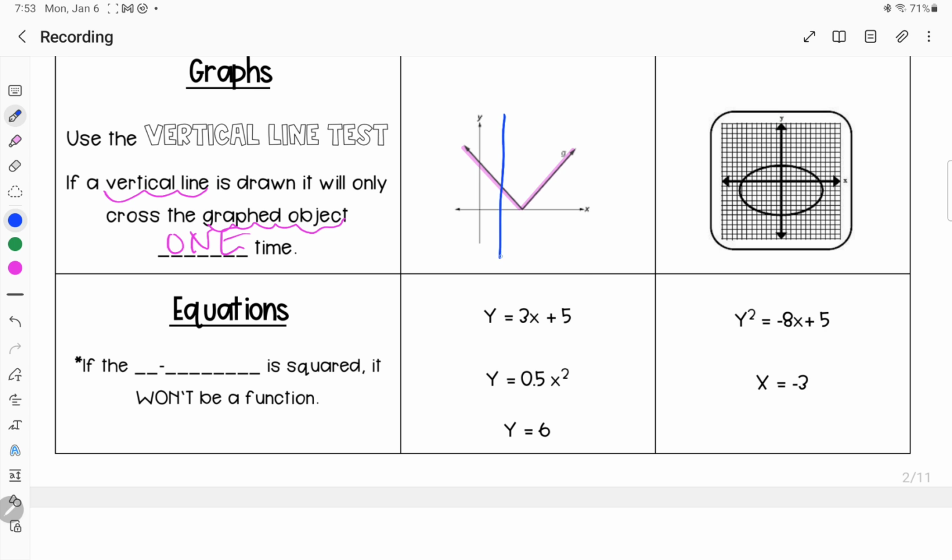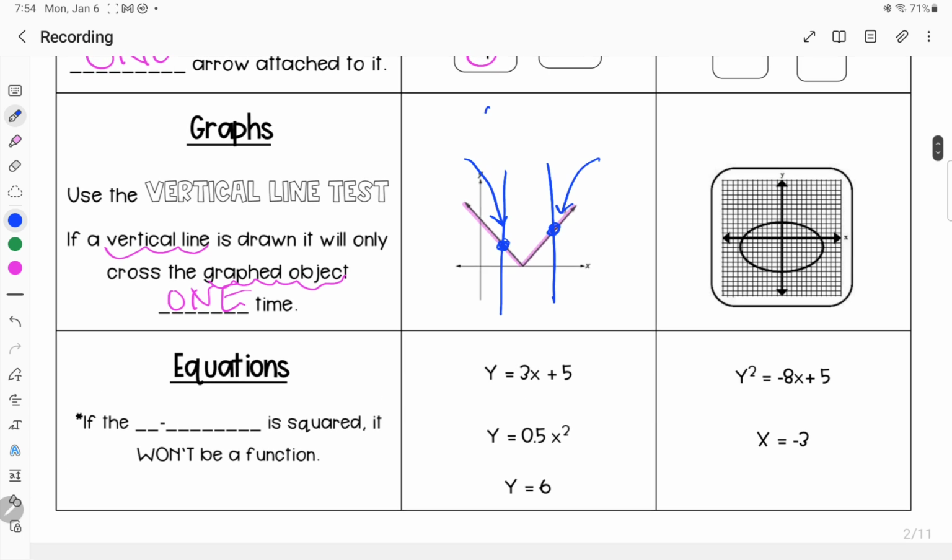If I were to draw a vertical line up and down, how many points of contact does my blue line have with my pink? And hopefully you can see it's only one. No matter where I draw that, it only has 1 point of contact per line.